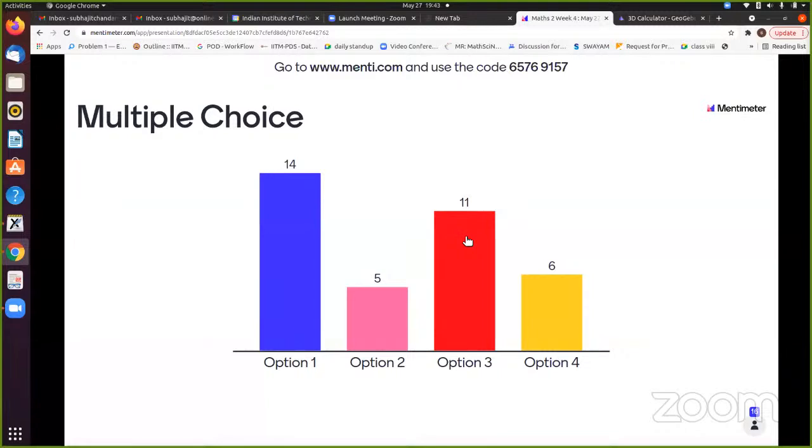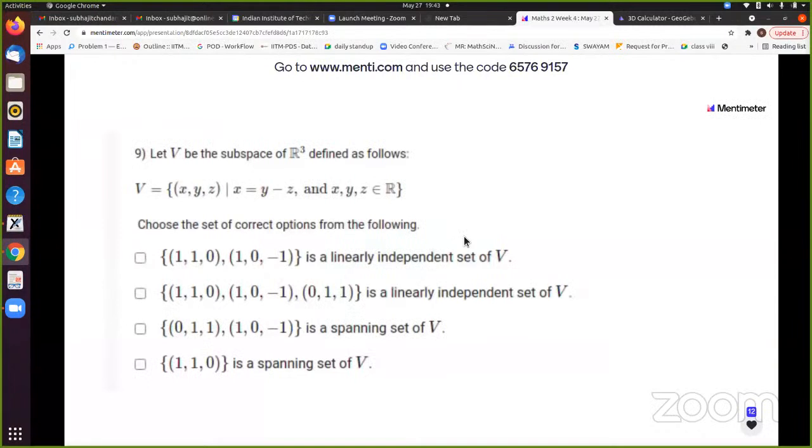It's coming now. Basically 1 and 3 are getting the maximum votes. Option 2 is not getting so many. More or less all the options are getting votes. So you can put your answer, and in the meantime we are solving this.